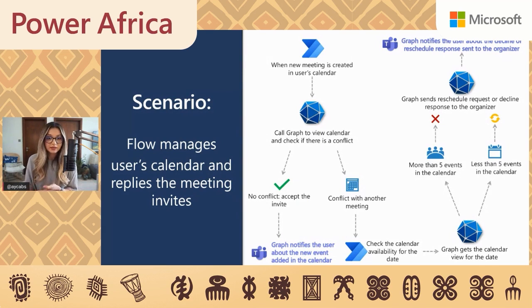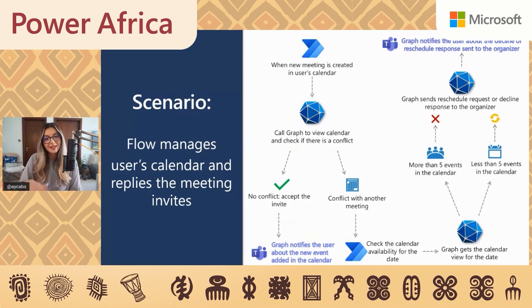If there's a conflict, then we continue our flow by checking the user calendar. If there are more than 5 events until the end of the day, then we reject the event. We just say decline because it's quite a busy day. If there are less than 5 events, then we say I'm not available that time, but can we reschedule, and so on.